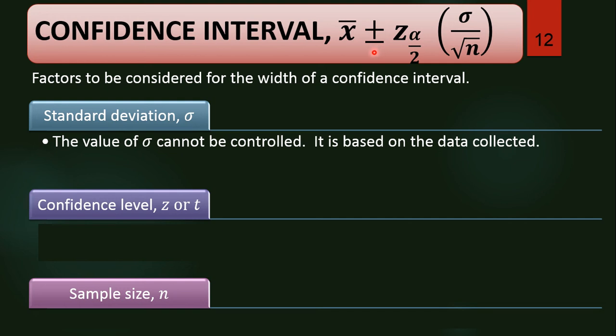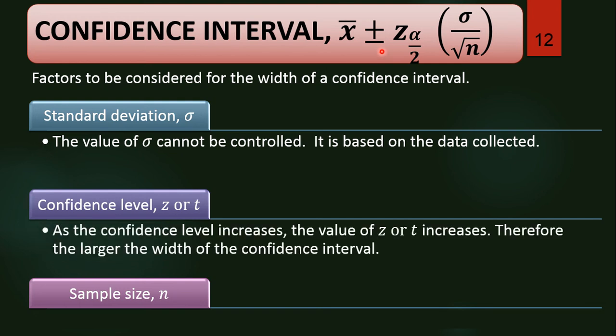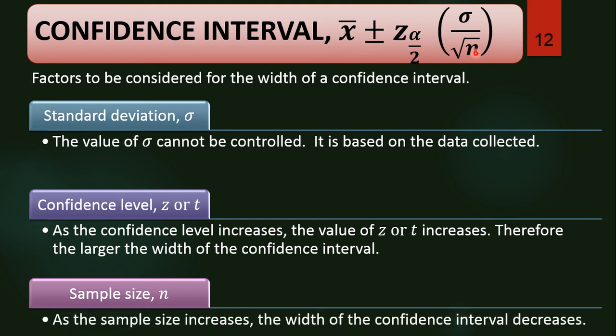From this formula, as the value of Z increases, meaning when the confidence level increases, the width of the confidence interval will be larger. But the sample size is inversely proportional to the width of the confidence interval, meaning that as your n increases, the width of the confidence interval will decrease.